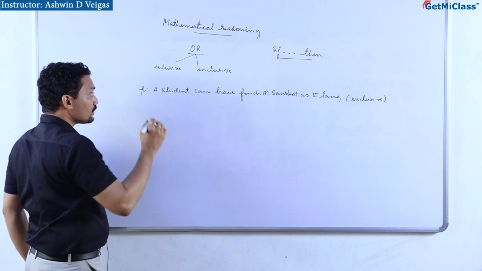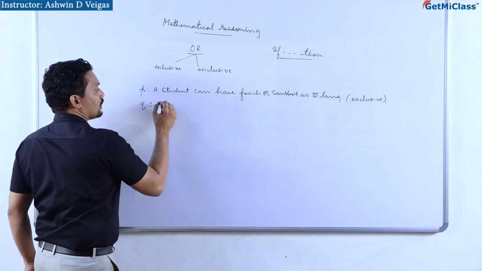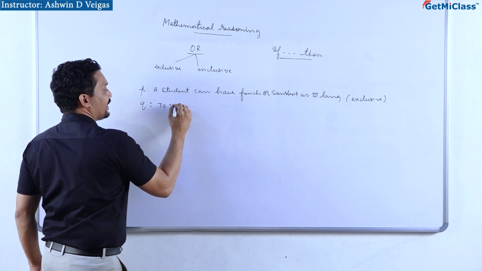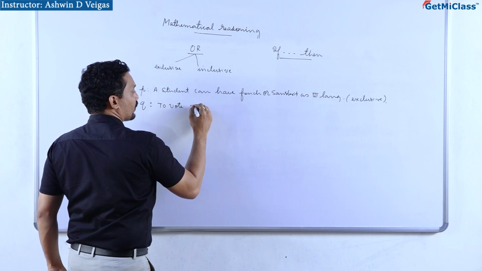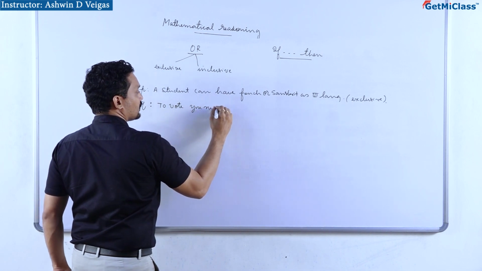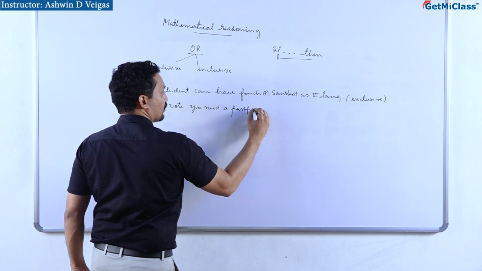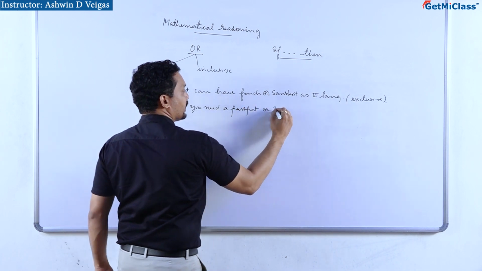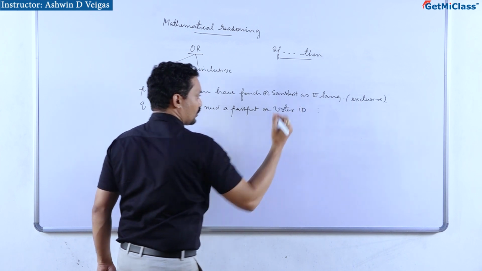Now, let us take another statement called Q. To vote you need a passport or voter ID. Now, see this or.